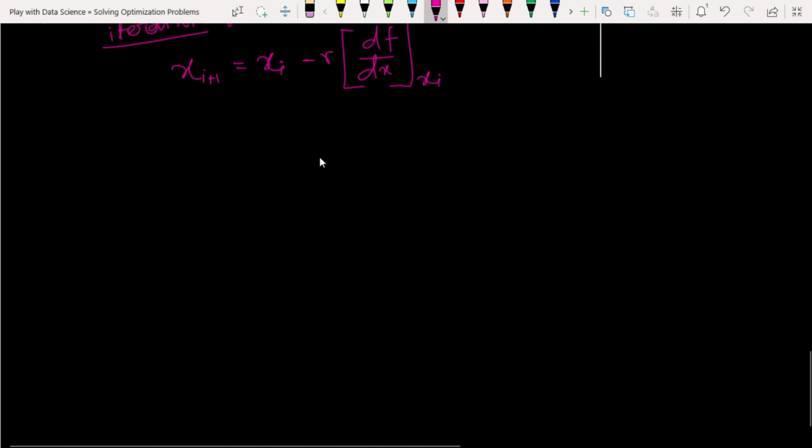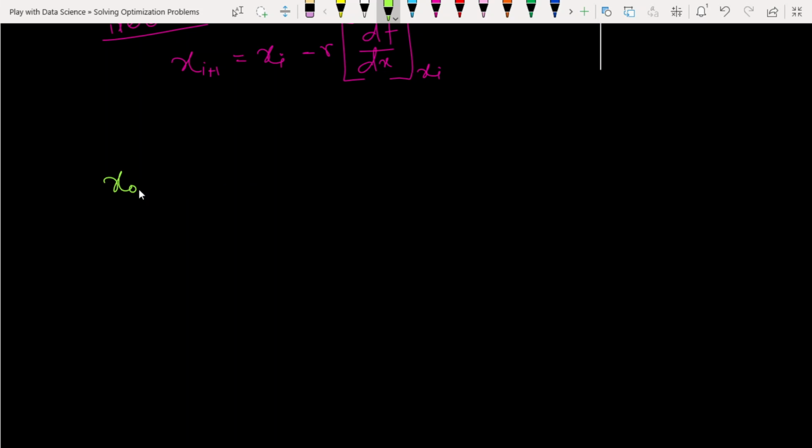Simply, first we are jumping from the initial point x0 to x1 with a larger step.